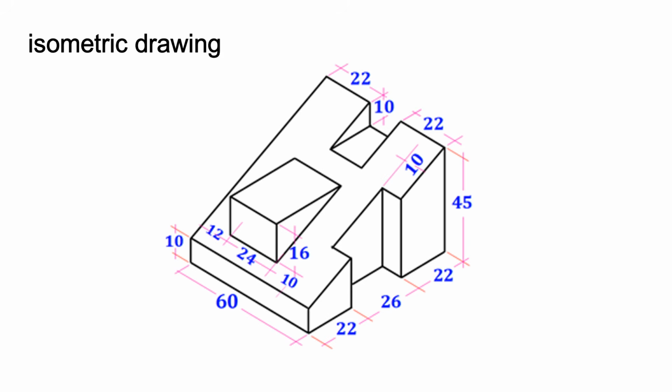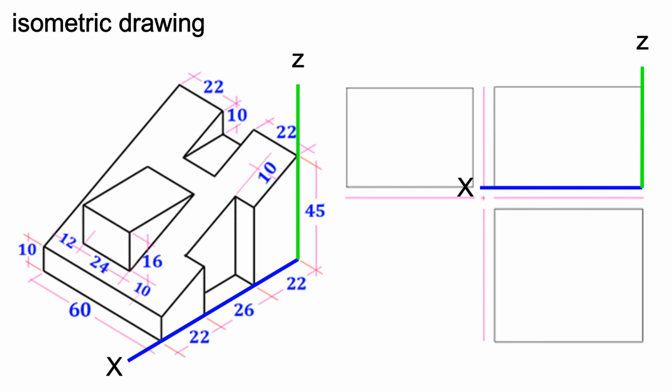Let's start with the front view. As explained earlier, each view is made from planes, and each plane is defined by two axes. For the front view, the planes are defined by the x-axis, width, and z-axis, height. This means any line or surface that lies on the xz plane will appear in the front view. Now, look at the isometric drawing.